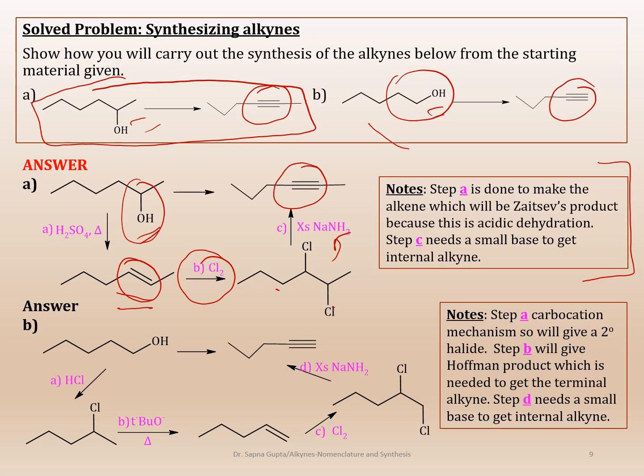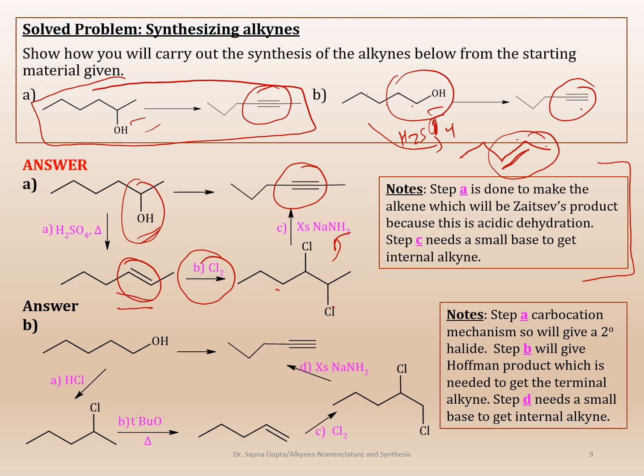So I cannot do this anymore, because as I said, this will give me this kind of an alkene. I don't want to do that, because once I get this kind of an alkene, I'm going to have a very hard time getting to a terminal alkyne.